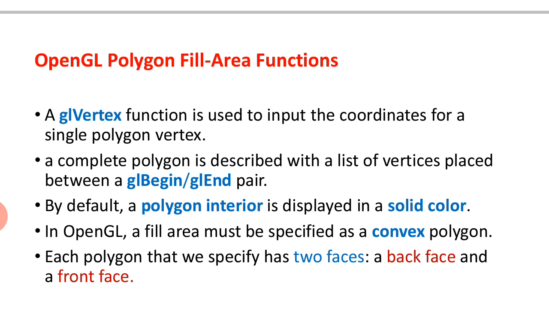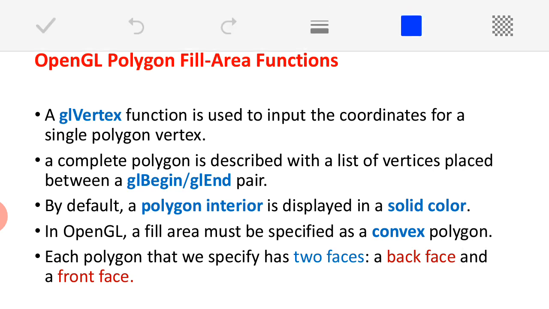And the very important reason why we are using this fill area is that whenever we draw any polygon while creating any object as a part of a computer graphics image, the polygon interior area is always filled with some color. That is the reason the title is called polygon fill area function. That is the important aspect.